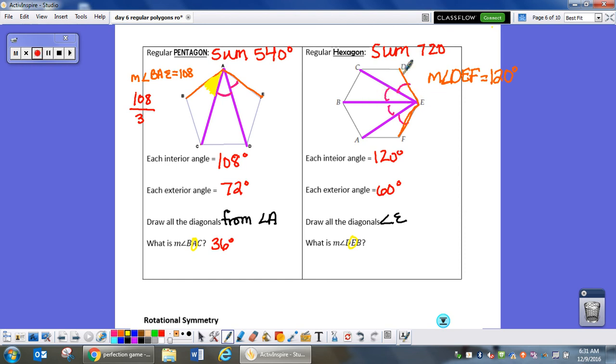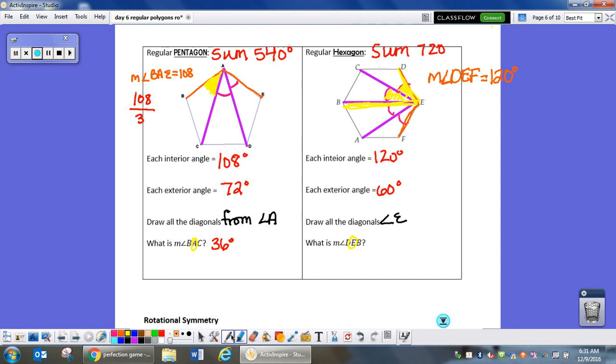Oh, shucks. DEB. Okay. So from here to there. So how many parts? That's 2 parts. So we could just say it's half of 60 because it includes 2 parts.